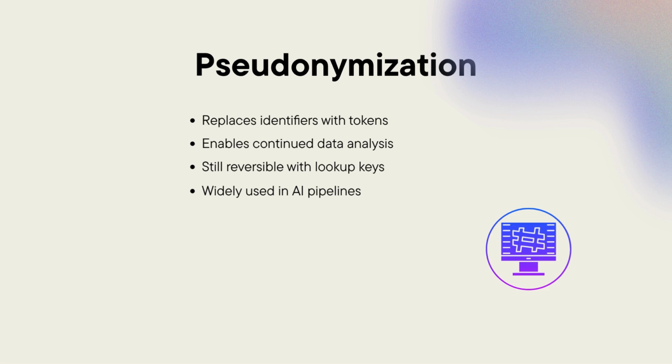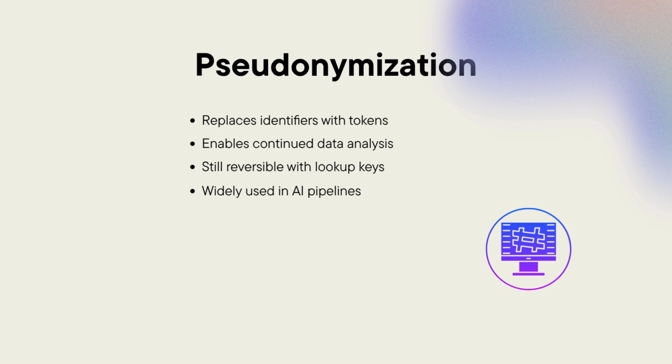Pseudonymization replaces identifiers with artificial labels, like turning Alice Smith into user 123. This reduces the chance of casual exposure, but the original identity can still be restored if the lookup table exists. Unlike anonymization, pseudonymized data is reversible. However, it has a practical advantage.